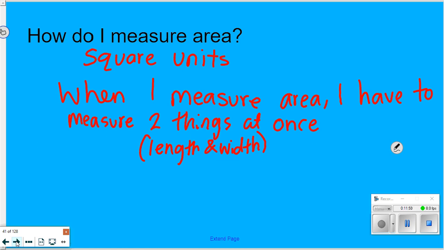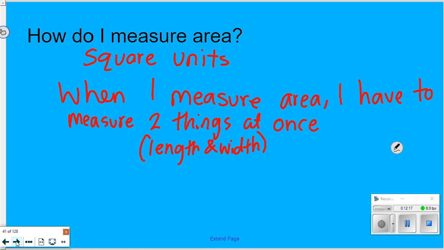So the reason we use squares is that squares have a length and a width. Yes, that's so convenient. I picked something that has a length and a width to measure with.